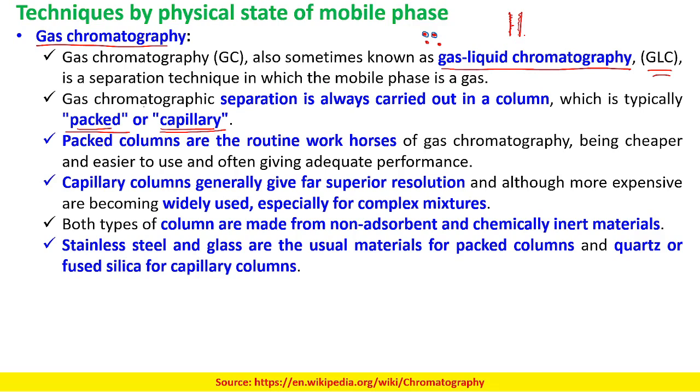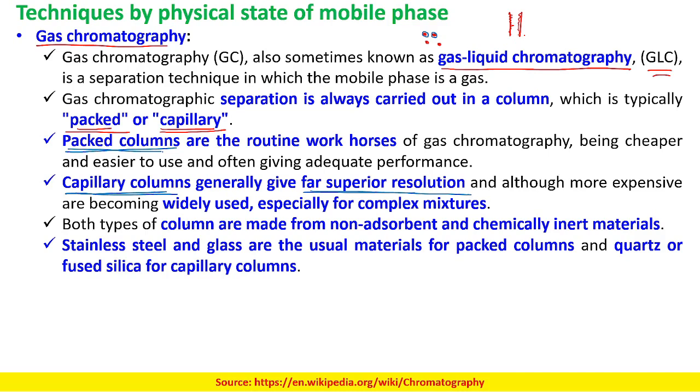In general, packed columns are very easy to prepare, and hence packed column gas chromatography is more commonly used. However, capillary columns give far superior resolution compared to packed columns. Capillaries have a very fine tubing-like structure, so their preparation is very difficult, and hence the cost is also very high.